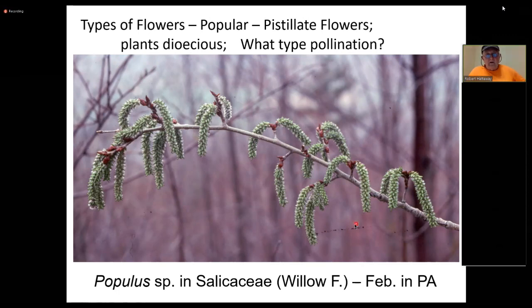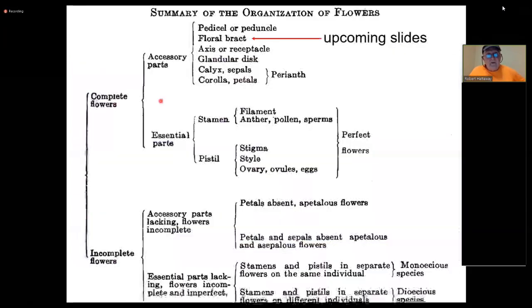I couldn't get it off, but this was what happened when I scanned a picture I took in the 70s. Anyhow, this is an example of a dioecious condition. The plants are dioecious, and there's only pistils in here. And so you're relying on wind to get the pollen over to the tips, where it will land on the ends of these stigmas.